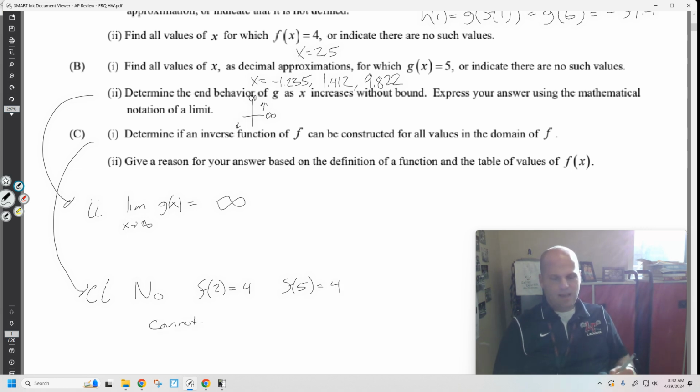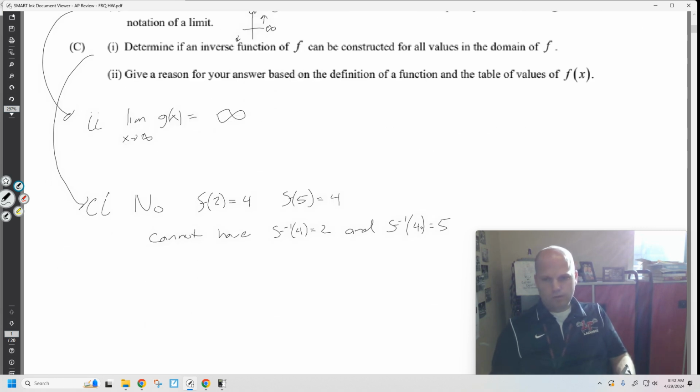And you cannot have, I'm trying to just keep it simple. I don't want you to try to memorize. So there's multiple of the same outputs.